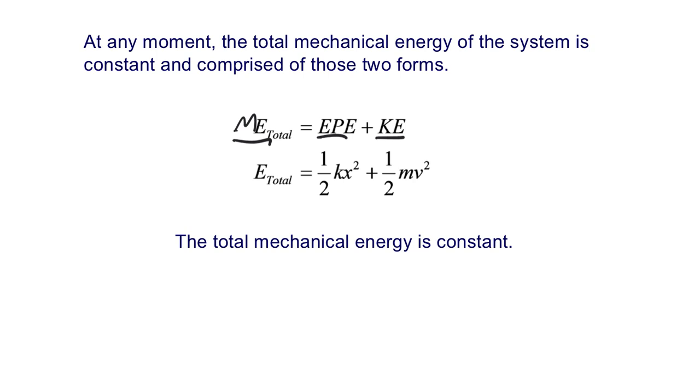And when we're doing simple harmonic motion, we assume that there's no work due to friction. So EP and KE will be constantly changing, but the total EP plus KE at any given point will be the same.